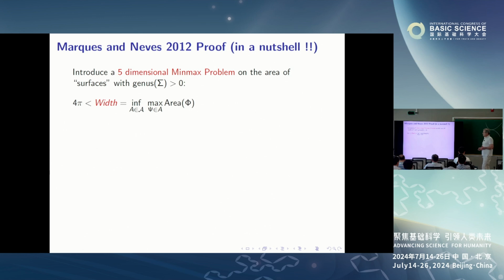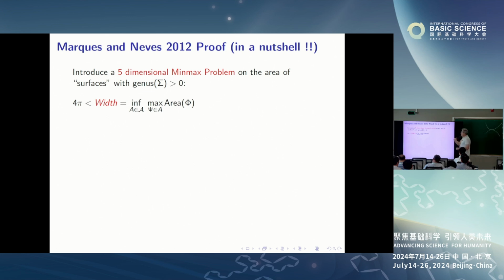And what they proved is that there is a min-max operation. Here I'm not going to go into the details. Here you have calligraphic A, which has to do with all admissible families. So you have to imagine, when you think about the mountain path, for instance, you are looking at all possible paths joining two points. It's a bit like this, except that it's 5-dimensional paths. It's not only 1-dimensional.